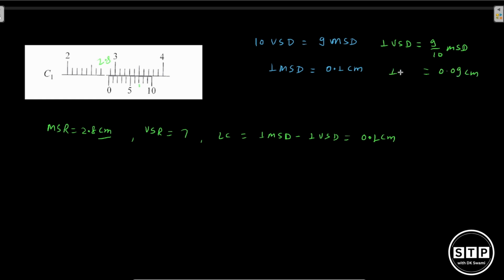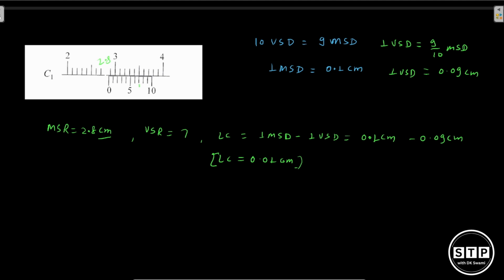So minus 0.09 centimeter, the least count is 0.01 centimeter. This is the least count of a general scale as well, so you can use that directly.